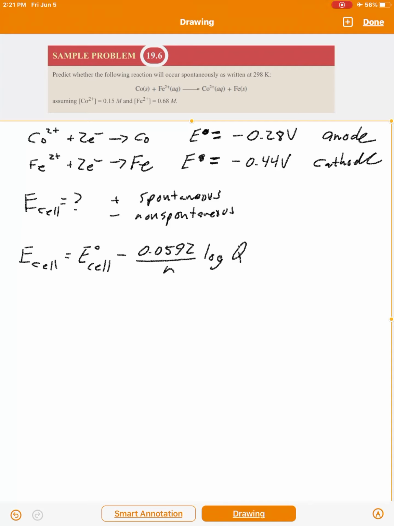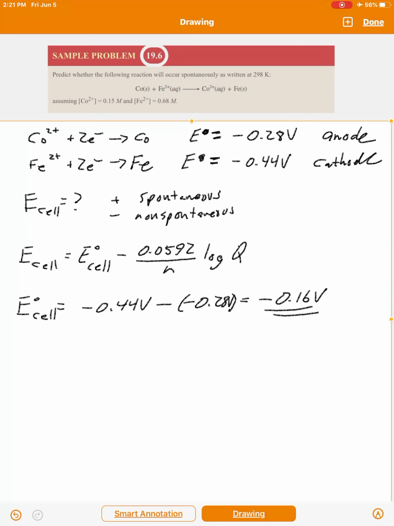So now the standard cell potential for this reaction would be the cathode potential, which is minus 0.44 volts, minus the anode potential, which is minus a negative 0.28 volts. So that's negative 0.16 volts.